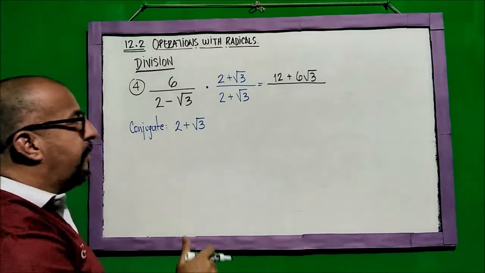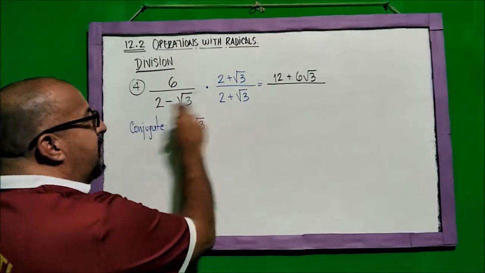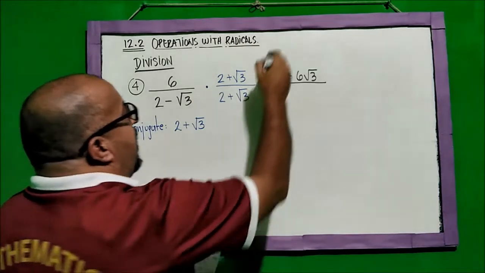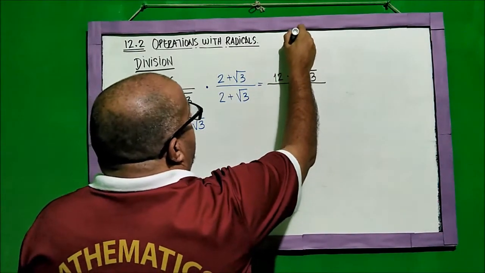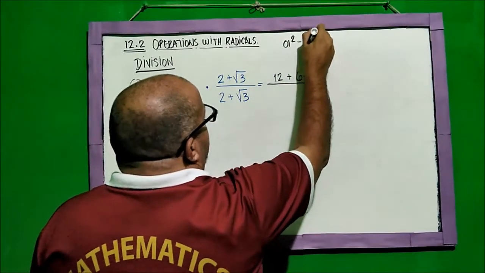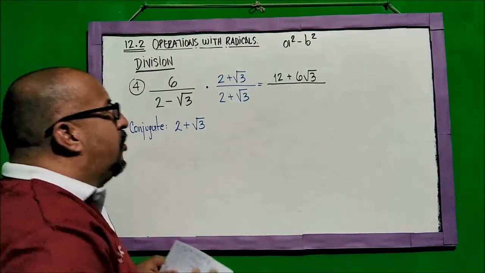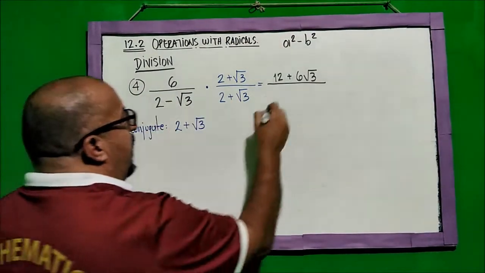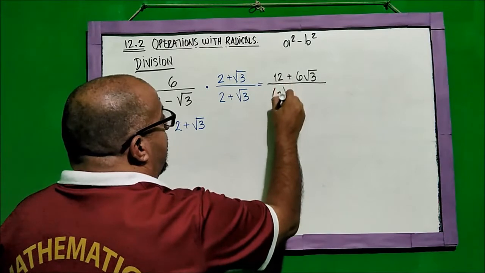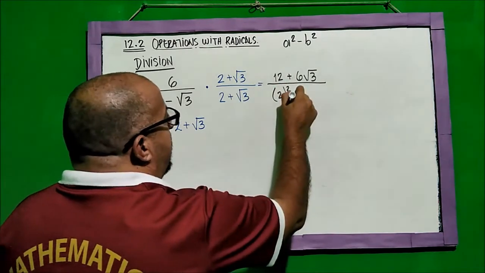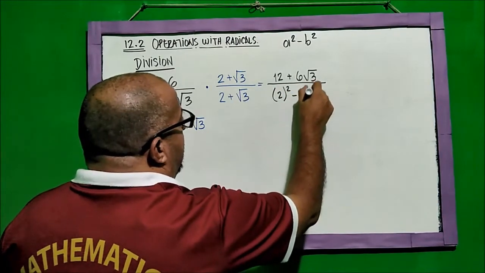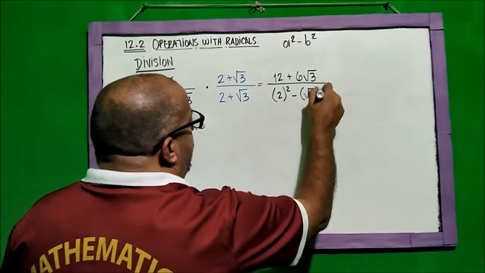On the denominator, I'm going to have a sum and difference pattern. And the sum and difference pattern, if you remember, we eliminate it by copying this expression, this format. So what I'm going to do is I'm going to write the square of 2 minus the square of square root of 3.